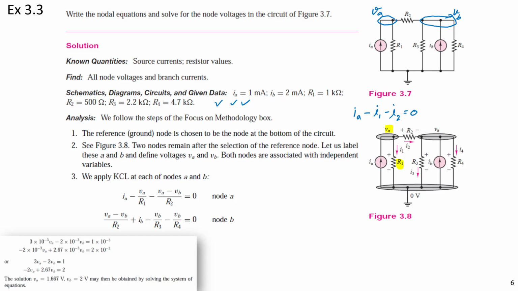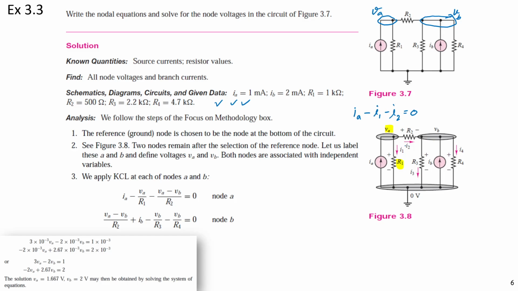Then next, for VB, for node B, flowing in is positive, right?